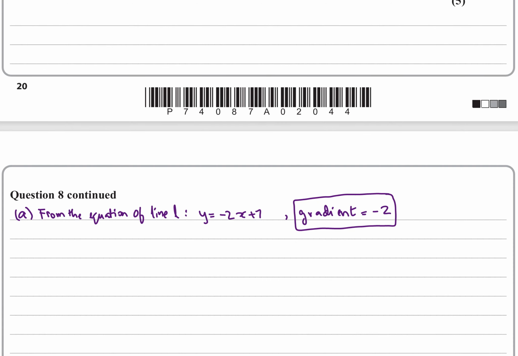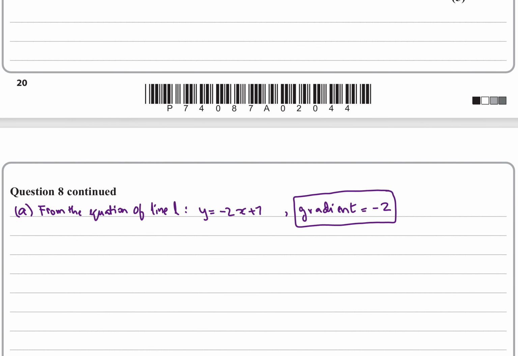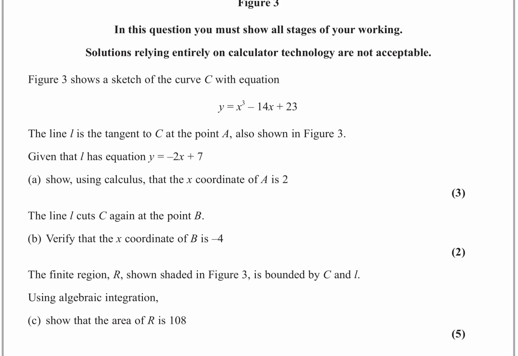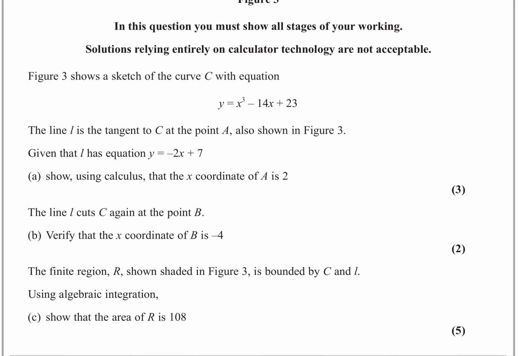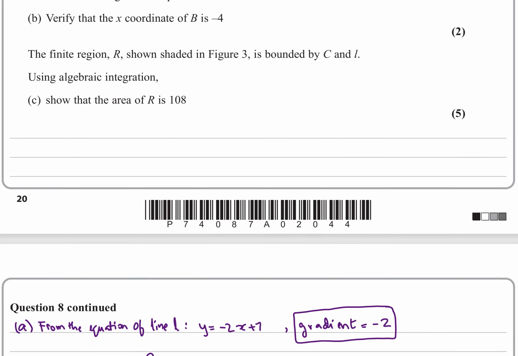Then I need to go to the equation of the curve C, that is y equals x cubed minus 14x plus 23.